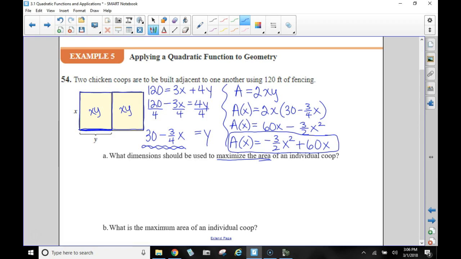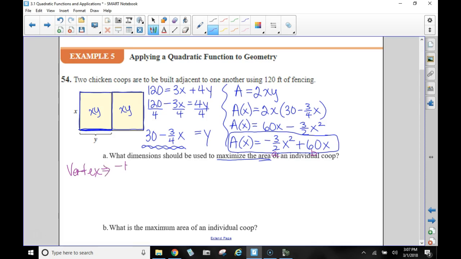All right, when we maximize area, that is going to occur here at the vertex of this parabola, okay? So remember how, if this is your A and 60 is your B, how we find the vertex of the parabola.